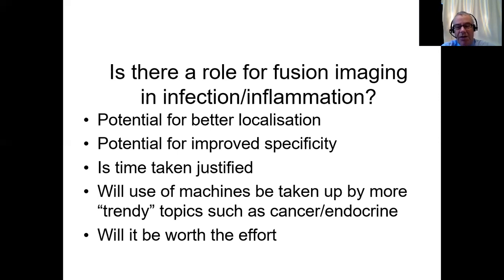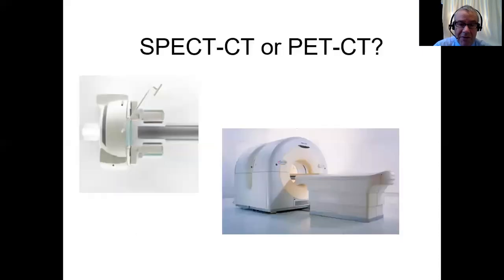And that may be an issue in terms of camera time. And for some places, just for PET-CT, getting access to machines to do non-cancer can be an issue as well. So we want to know if it's really worth the effort.